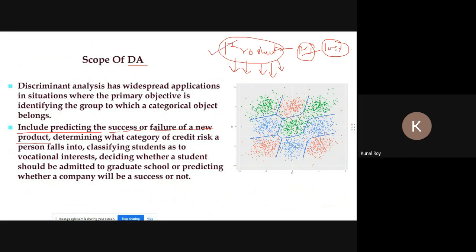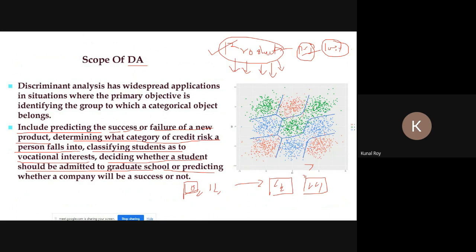The next example I have given is determining what category of credit risk a person falls into. Next is classifying students as to vocational interest, deciding whether a student should be admitted to a graduate school or not. As we know, before moving into bachelor's or master's courses, first we have to complete the 10th and 12th, or at least the 10th is a must.